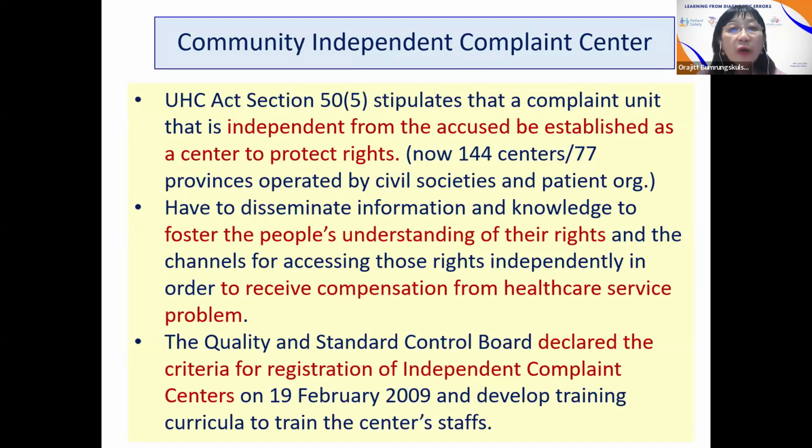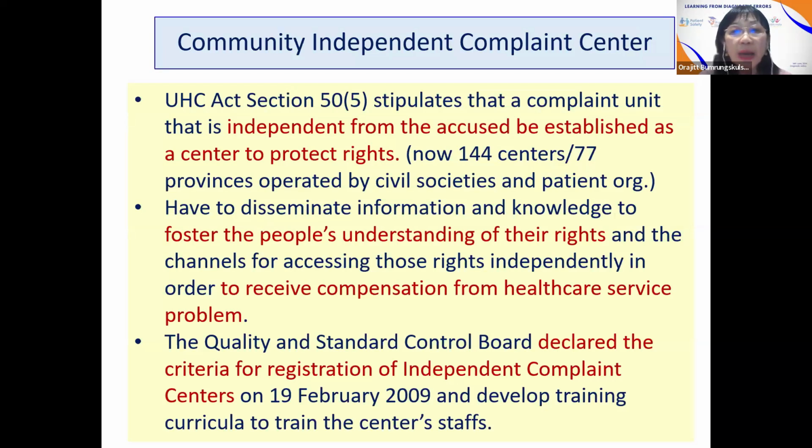Now, talking about the Community Independent Complaint Center, the Universal Health Coverage Act, Section 50, parenthesis 5, stipulates that a complaint unit that is independent from the accused be established as a center to protect rights.